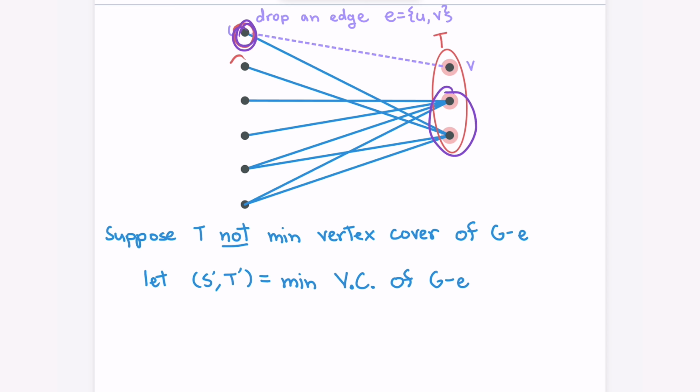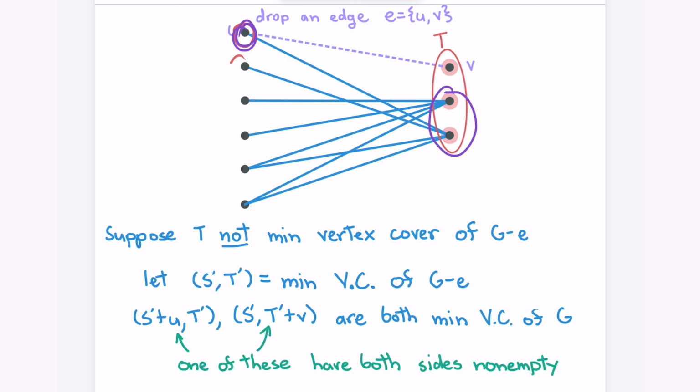So I would take the opposite endpoint of the edge I removed. I should be able to take the smaller vertex cover in that graph with the edge removed, add one of the two endpoints of our removed edge, and get some vertex cover with vertices on both sides. But supposedly that didn't exist in this premise. So this scenario doesn't happen.